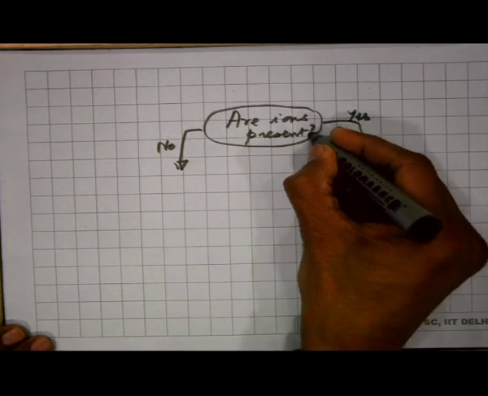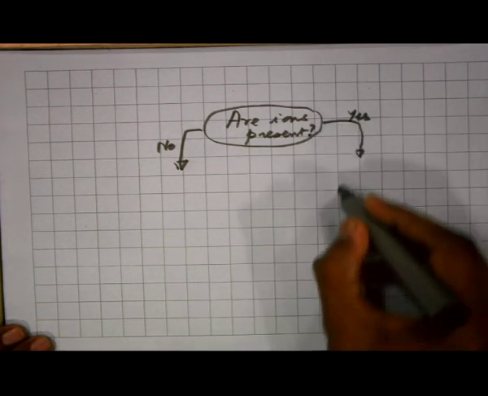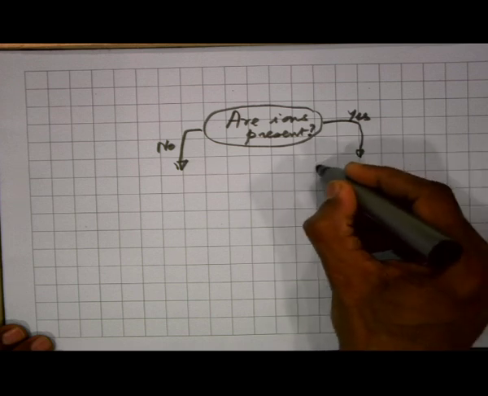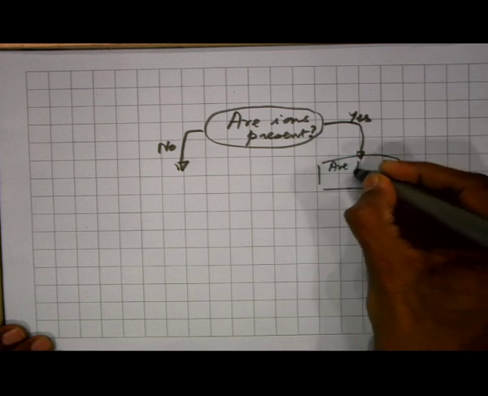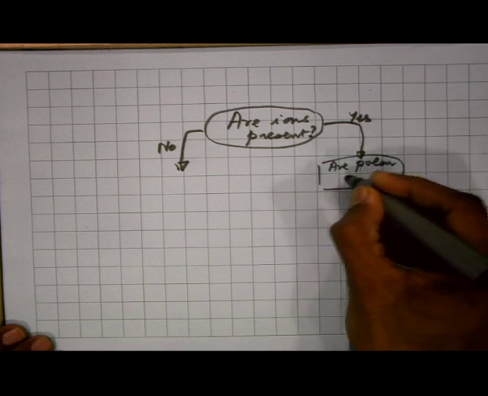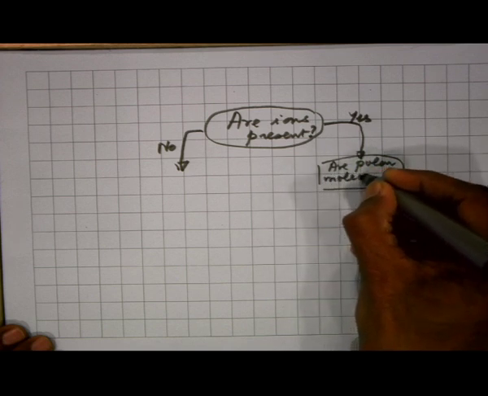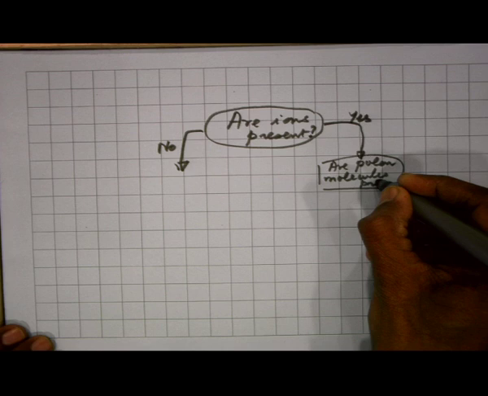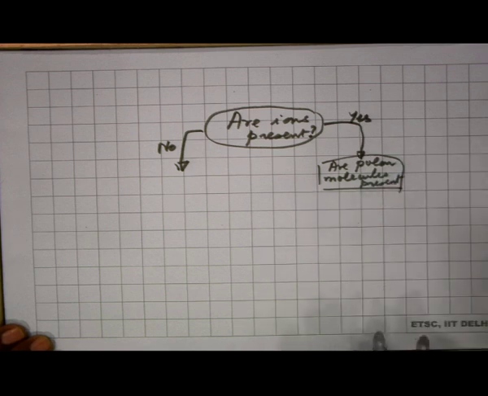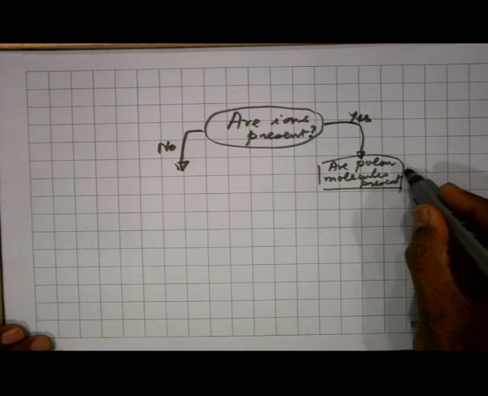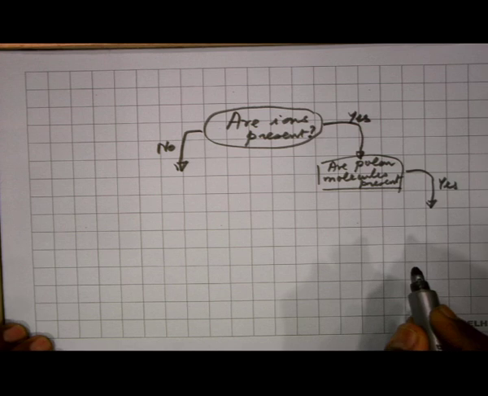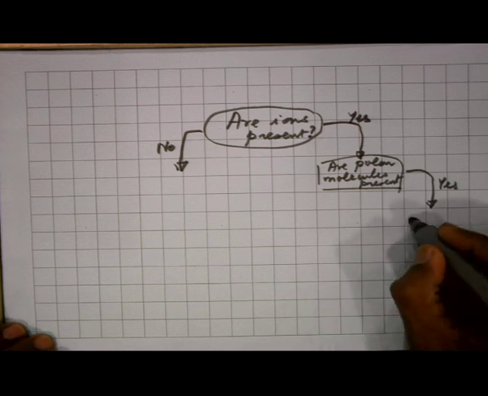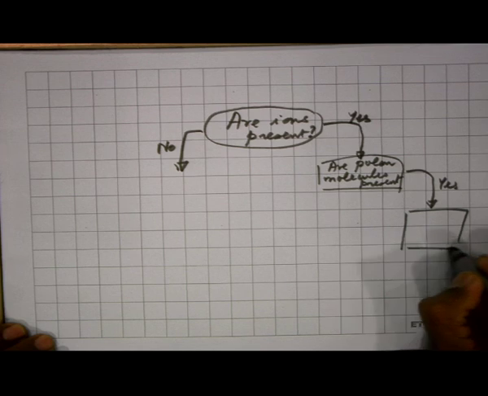So, if you have ions present, then you ask yourself the next question, are polar molecules present? And if the answer to this is yes, then what do you conclude? If the answer is yes, then you will say that here we have ion-dipole forces.